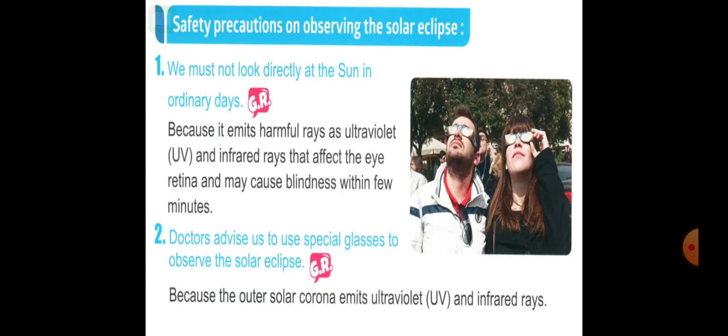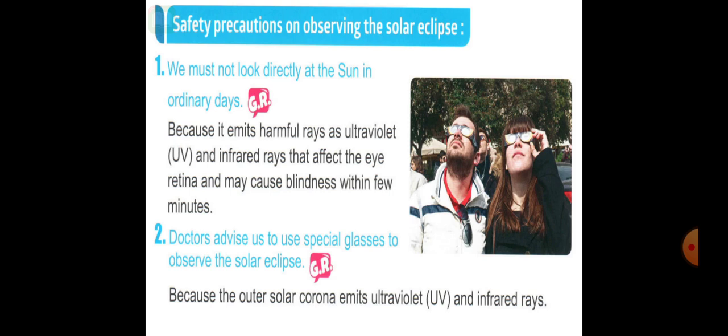What are the safety precautions on observing the solar eclipse? What should we do when we want to see the solar eclipse? Number 1, we must not look directly at the sun on ordinary days.